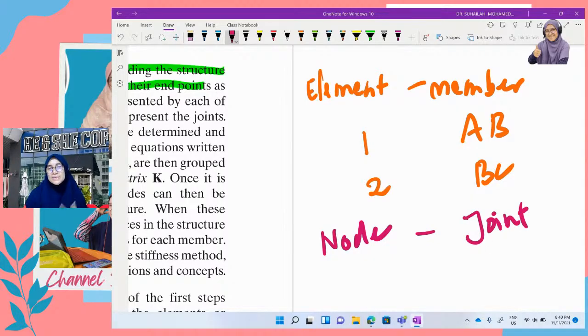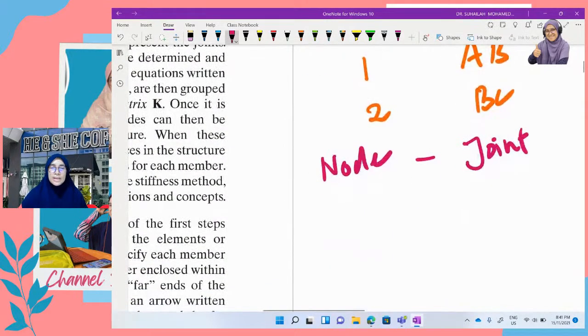Previously we called it joint A, joint B, joint C, but in the stiffness matrix method we will use numbering as well. We will have node number 1, node number 2, node number 3, and so on.